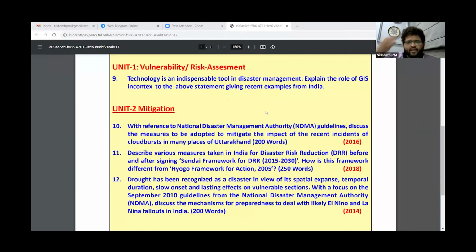Hence, you can say in the context of climate change, disasters are becoming more and more frequent, and the need of the hour is proper intervention of technology in countering these disasters, and GIS is one of the tools in reducing the impact of the disasters.